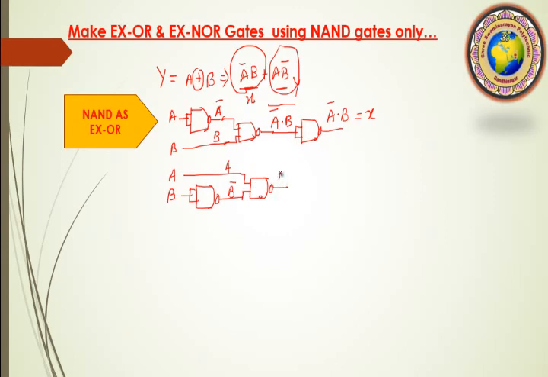So I achieve A dot B bar whole bar, but I don't want this bar, so I just invert it by using this gate. So I get A dot B bar, so the bar is removed. It's the same as Y.